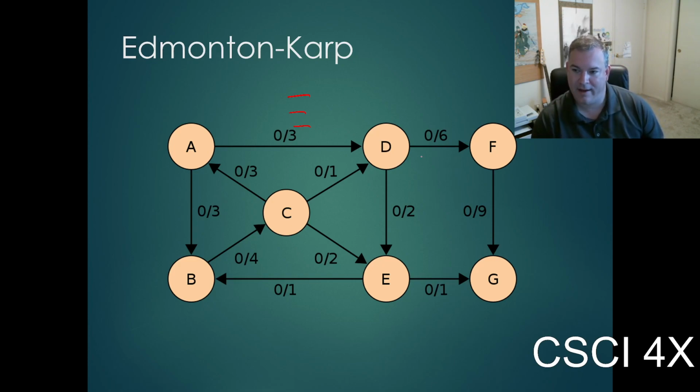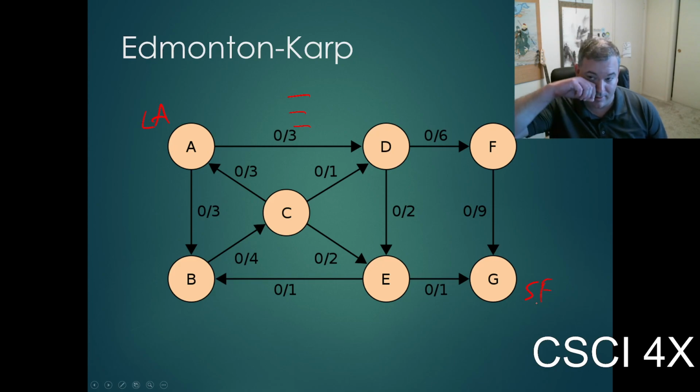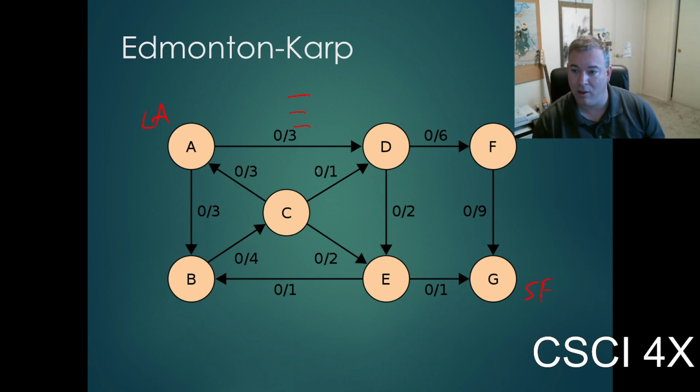If you want to detach LA from, let's say, San Francisco, and you're like a military, and you want to come in and blow up bridges, okay? How many bombs do you need to drop? Each bomb costs one bridge, 1 bomb, let's say. So how many bombs do you need to drop to detach LA from San Francisco?